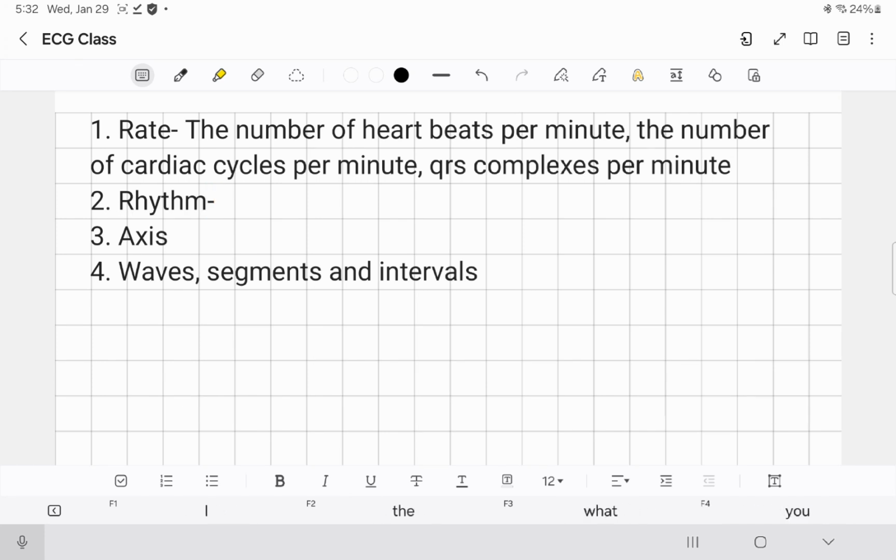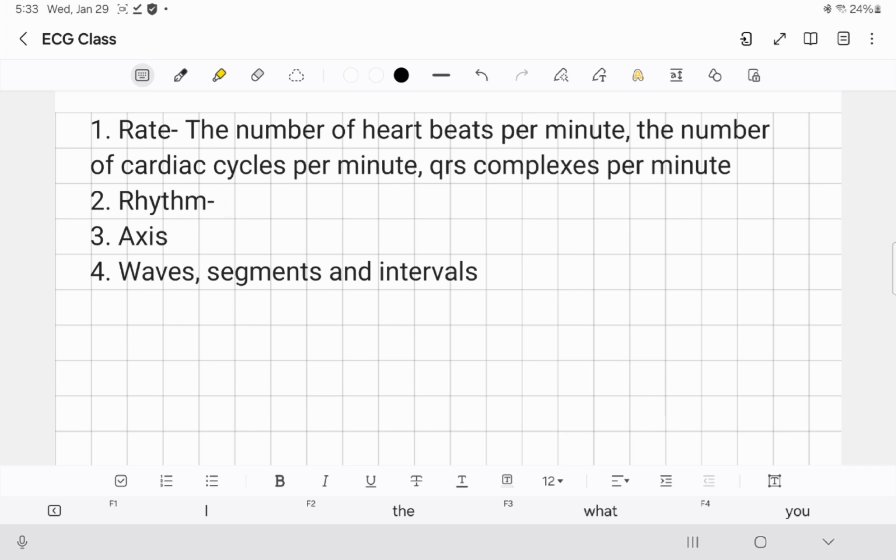Okay, so this is something I want to clarify at this point, right? Rhythm. There's a misconception or a misunderstanding among some persons that are new to ECG interpretation, that the rhythm speaks about whether or not the QRS complexes are occurring at regular intervals.